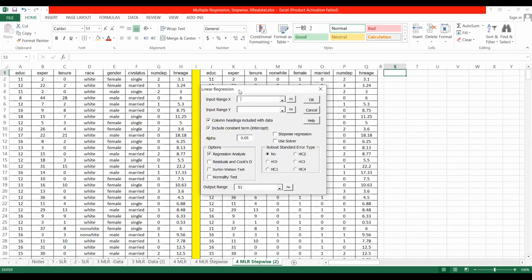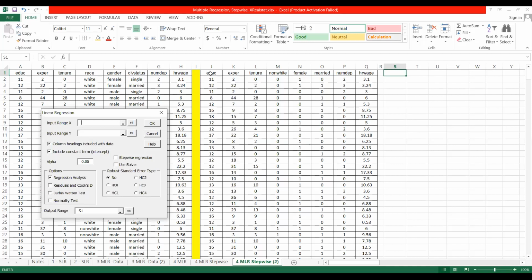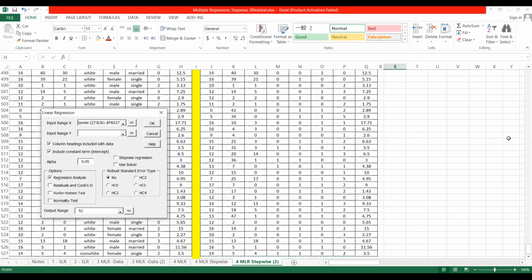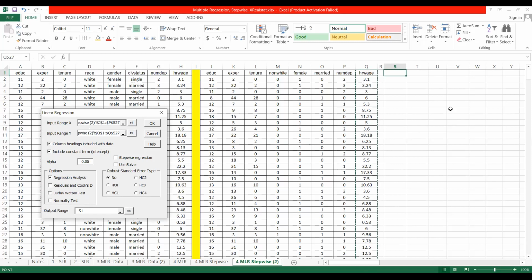Then yung x natin is, lahat na to, parang ito yung first step. Yung 7 variables natin, tapos ang independent, si hourly wage.